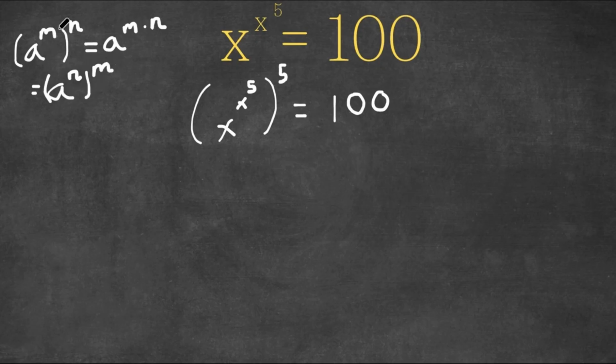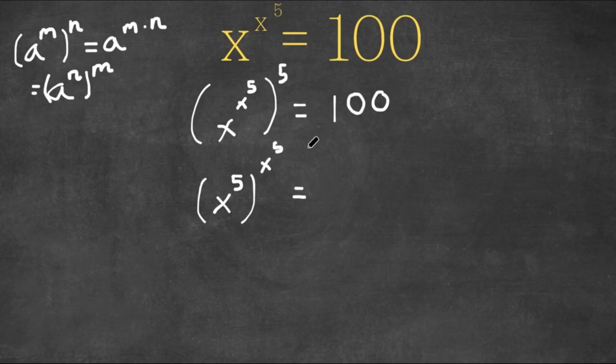So a to the power of m to the power of n and a to the power of n to the power of m are the same thing. For this, I'm going to switch the places of x to the power of 5 and 5, because think of x to the power of 5 as m in this case, and 5 as n. By doing that, we would get x to the power of 5 to the power of x to the power of 5.